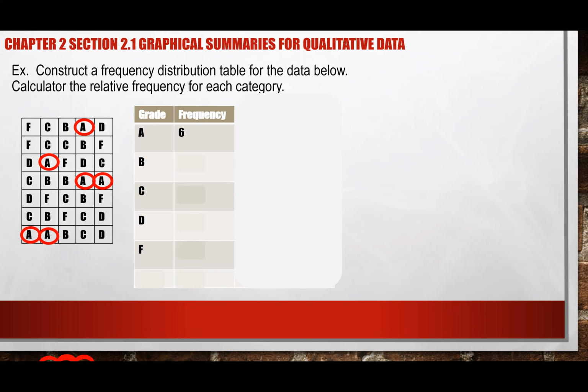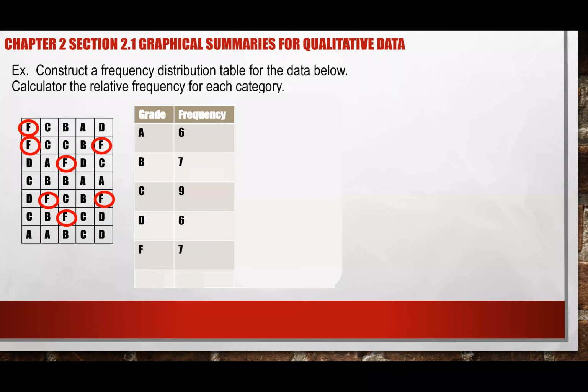Then you tally how many B you have. In this case you have 7 B, so my frequency is 7. Similarly for C we have 9, and for D we have 6. Lastly, the leftover, F, we have 7.